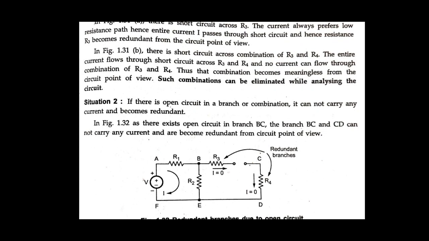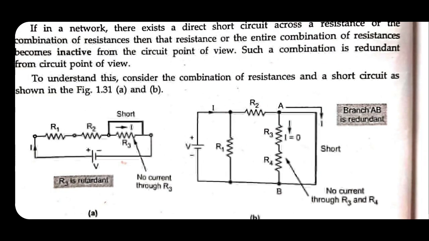Thus that combination becomes meaningless, or inactive, from the circuit point of view, so such combinations are eliminated while analyzing circuits. The current flows through R2 and directly through the short circuit path, so there is no current through R3 and R4, and it is negligible.